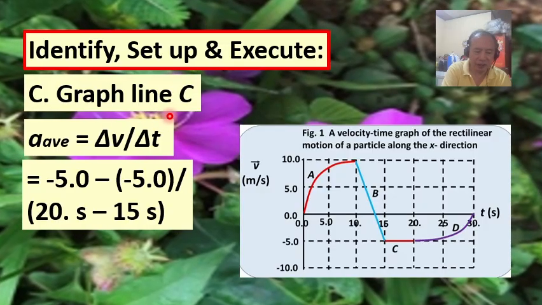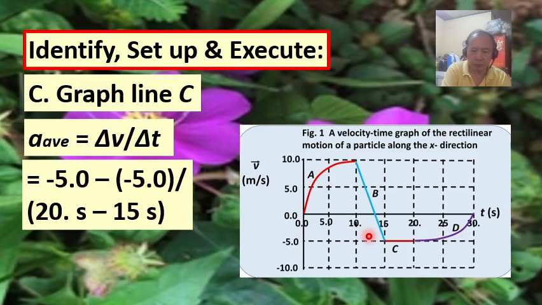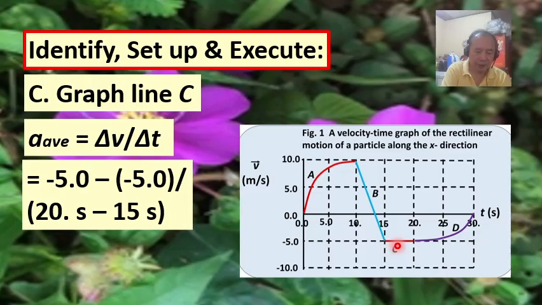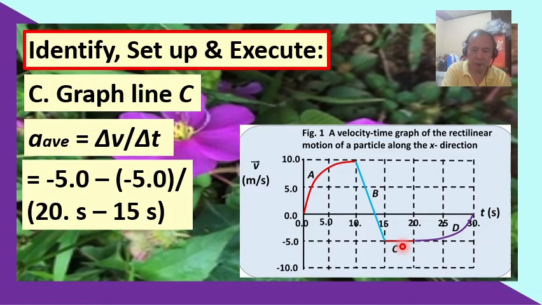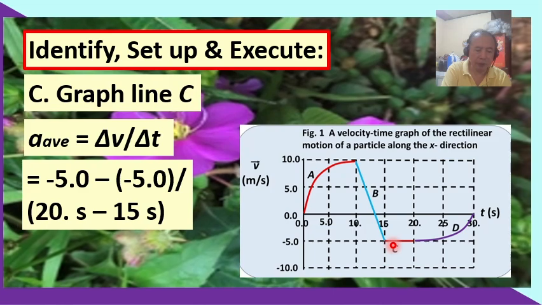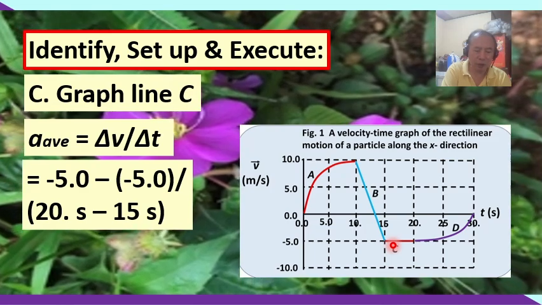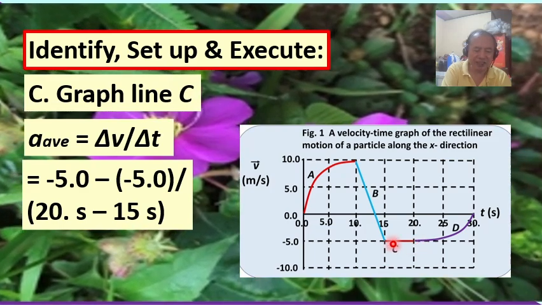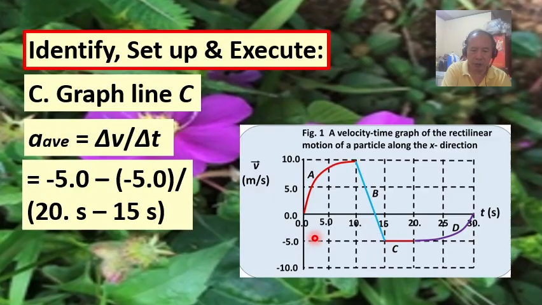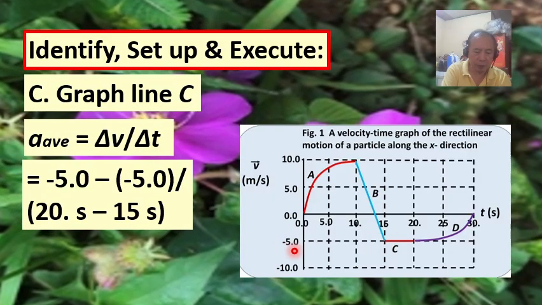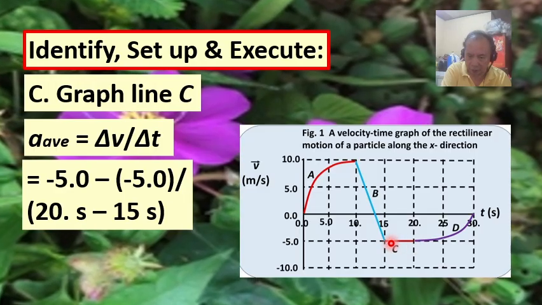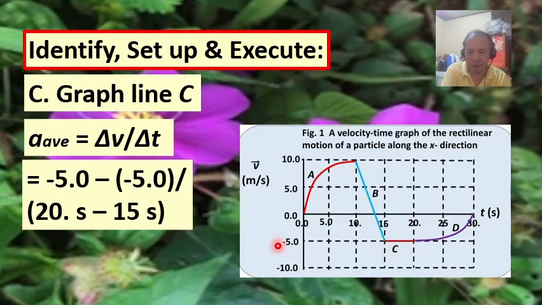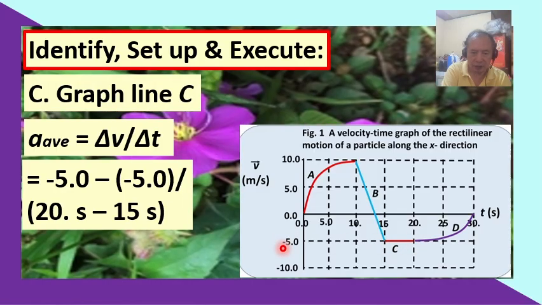So graph line C, the slope is 0 because it is a horizontal graph line, right? The velocity from 15 seconds to 20 seconds remains the same, right? Equal to negative 5.0 meters per second. So in other words, within this time interval, there is no change in the velocity, right?